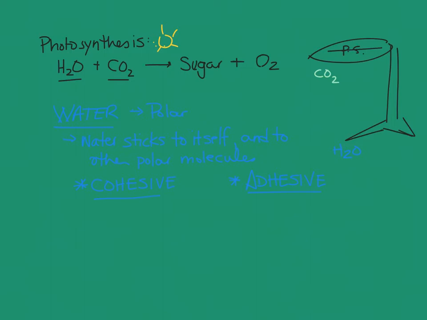When we look at water transportation, we're talking about water movement within terrestrial plants that have a root system and a vascular tissue. The water movement is based on three premises. The first is root pressure and absorption.